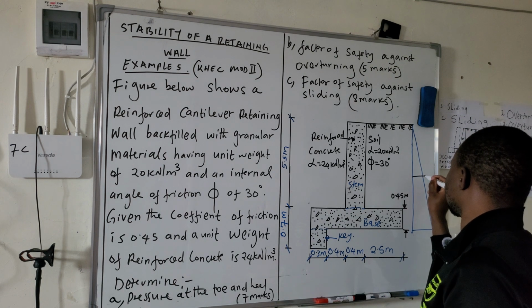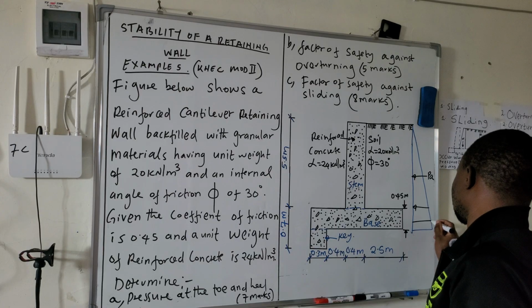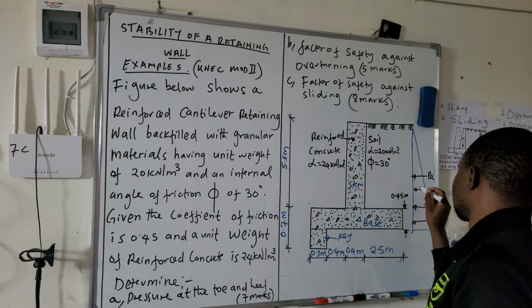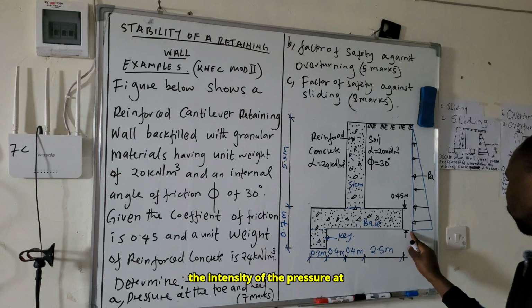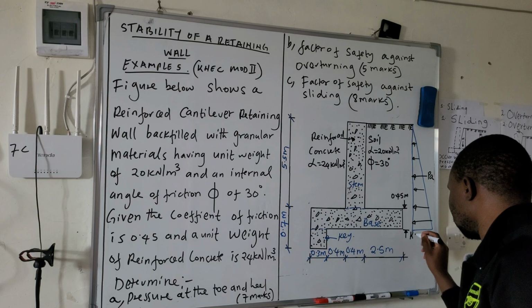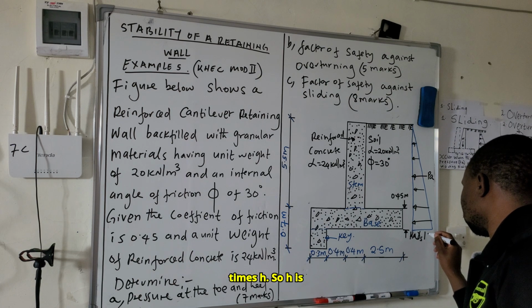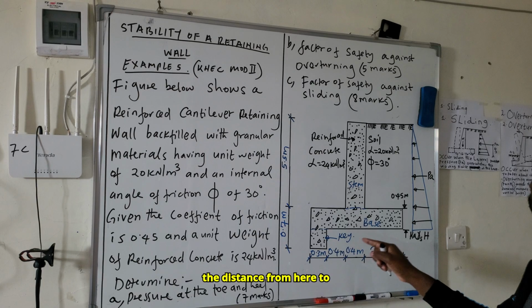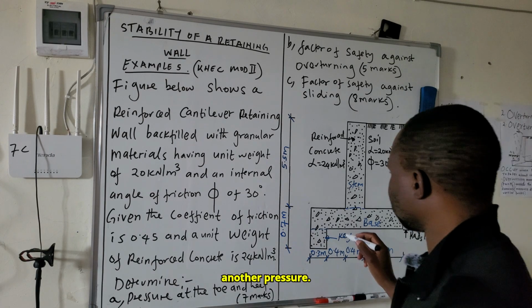So we call it PA. Then the intensity of the pressure at the base is given by Ka times the unit weight of soil times H. So H is the distance from here to here, and it is acting at a distance of H over 3 from the base.